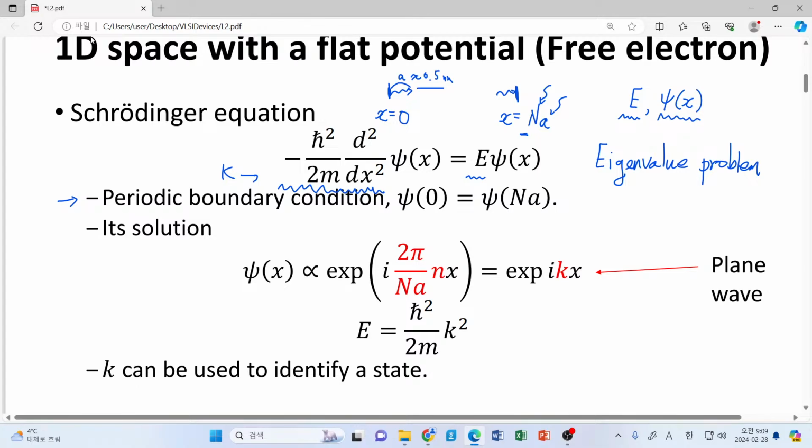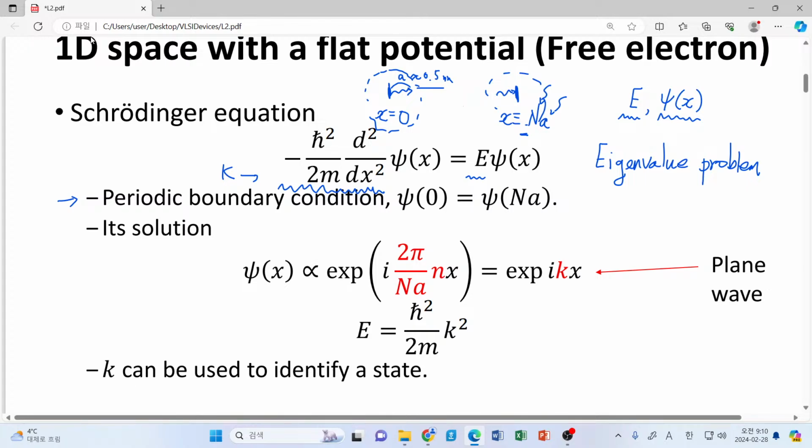So this is not realistic. Actually, we must consider more realistic boundary conditions at this and that end. However, if we consider a more realistic boundary condition, then that will yield certain surface-concentrated states. That is not of our interest right now.